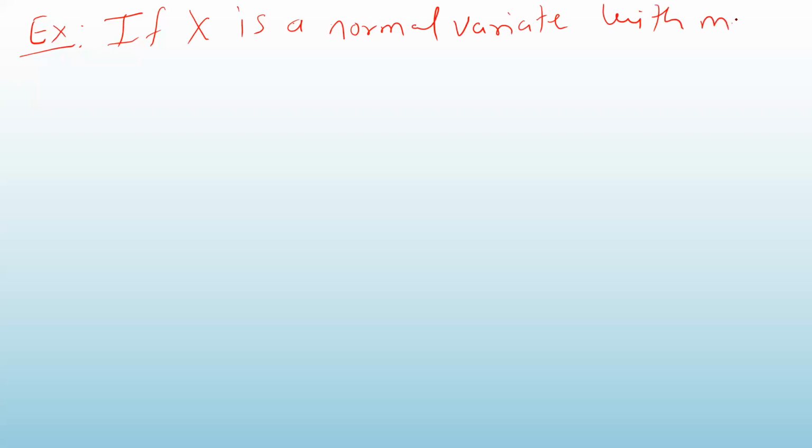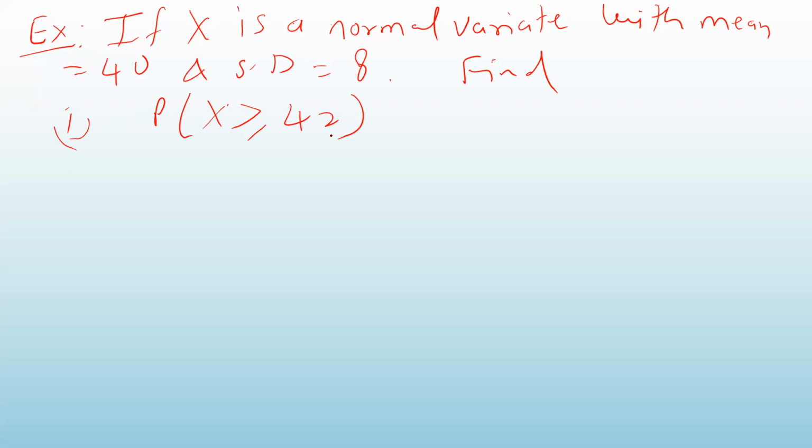So let me take the first problem. If x is a normal variate with mean equal to 40 and standard deviation equal to 8, find out the probability of x greater than or equal to 42.